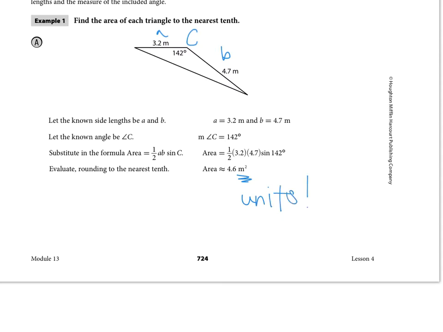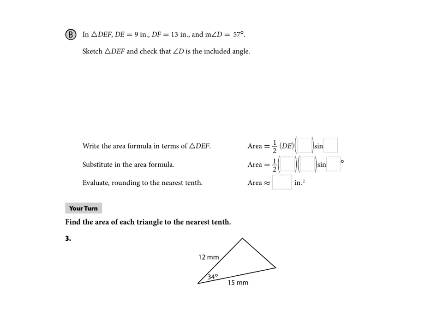As we move on to the next page, part B of the same idea here, finding the area of the triangle. This time we do not have a diagram that goes with it, so honestly you guys, it doesn't really even matter if you have the dimensions right to begin with.